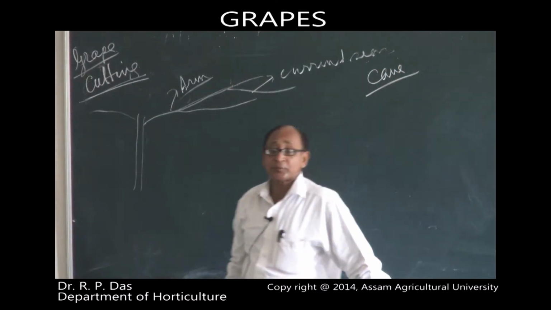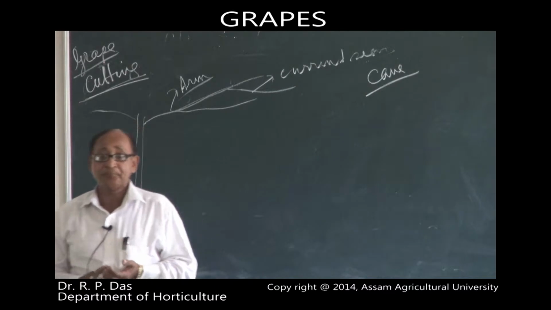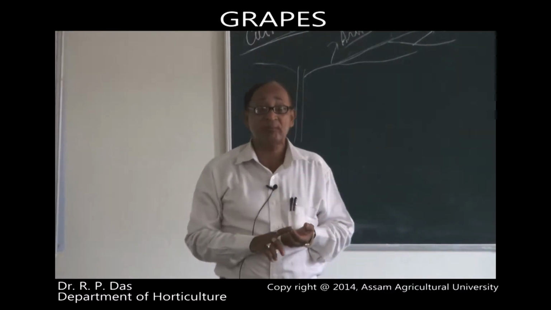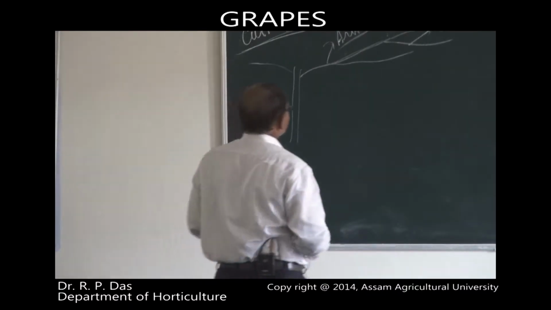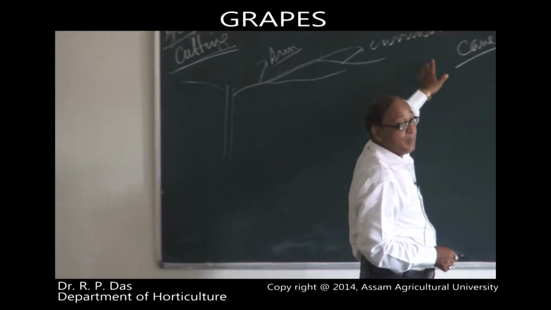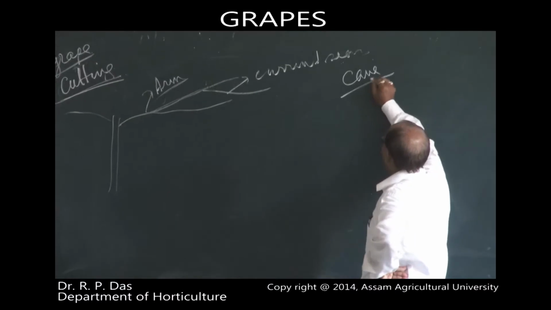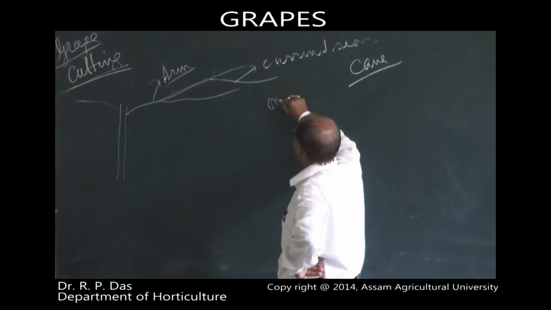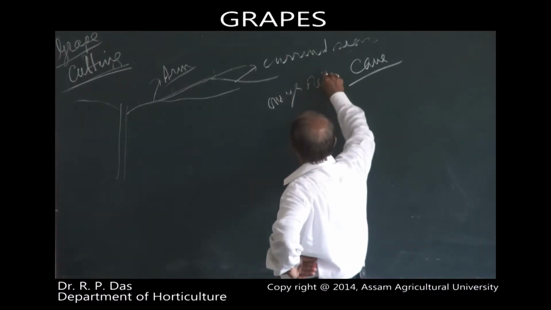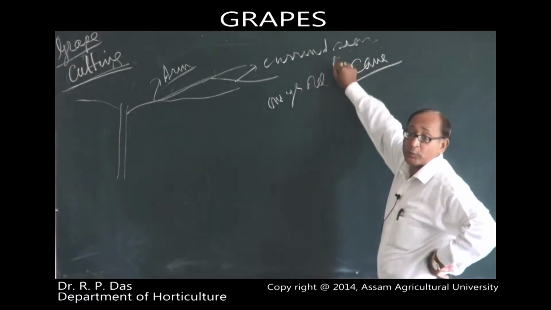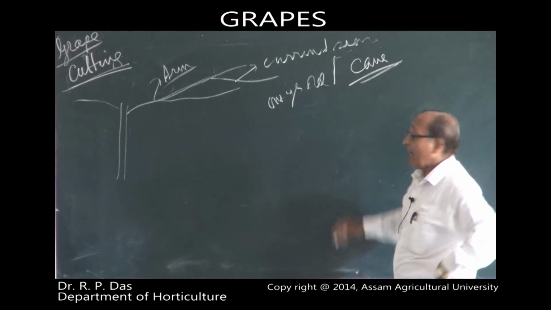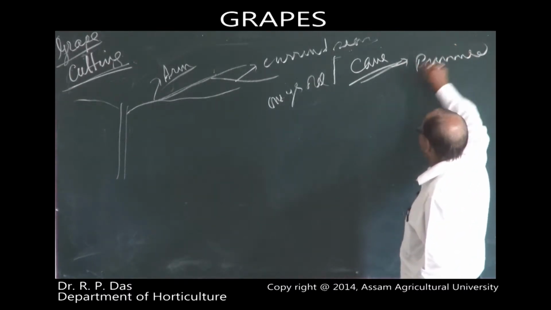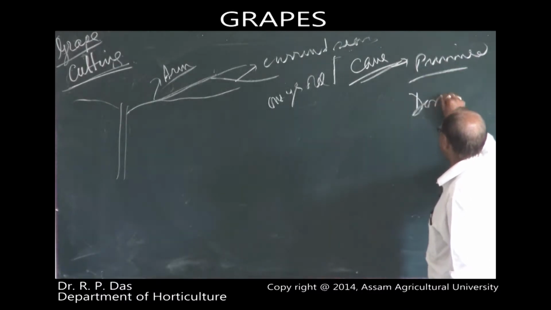In case of grapes, the vegetative shoots and inflorescence develop simultaneously. And this 1 year old current season shoot is known as can, and these cans are pruned during the dormant periods.